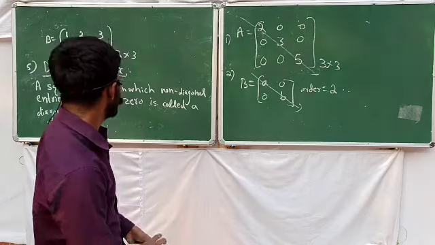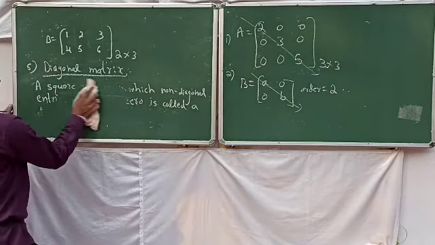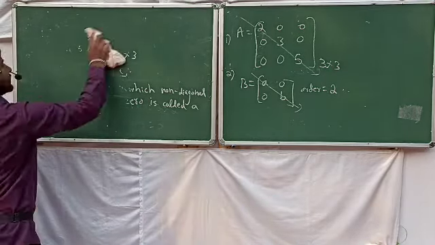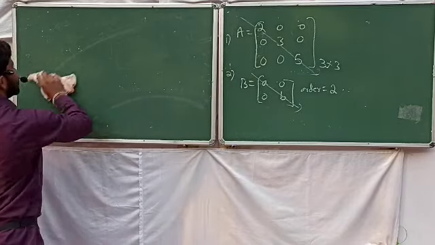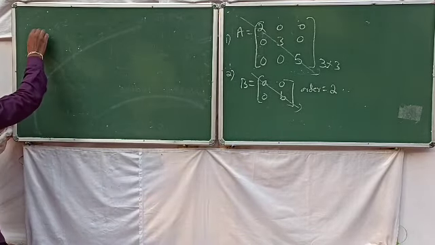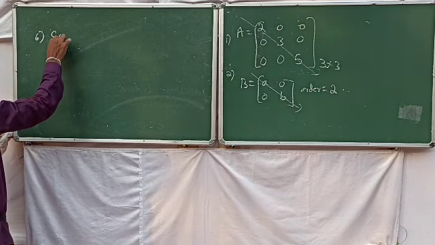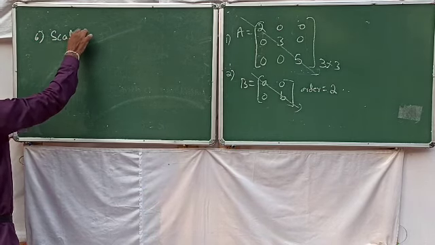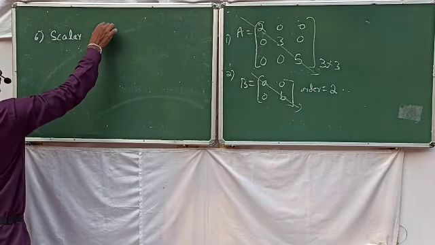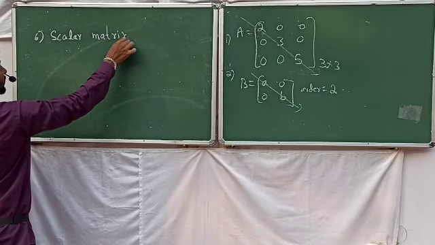Okay. Now the next type, I think the sixth one, scalar matrix. Scalar matrix.